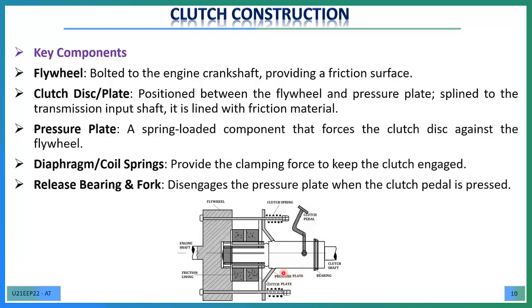Next one is the pressure plate, a spring-loaded component. This is the clutch spring that forces the clutch disc against the flywheel. The pressure plate is required for engage and disengage provision.